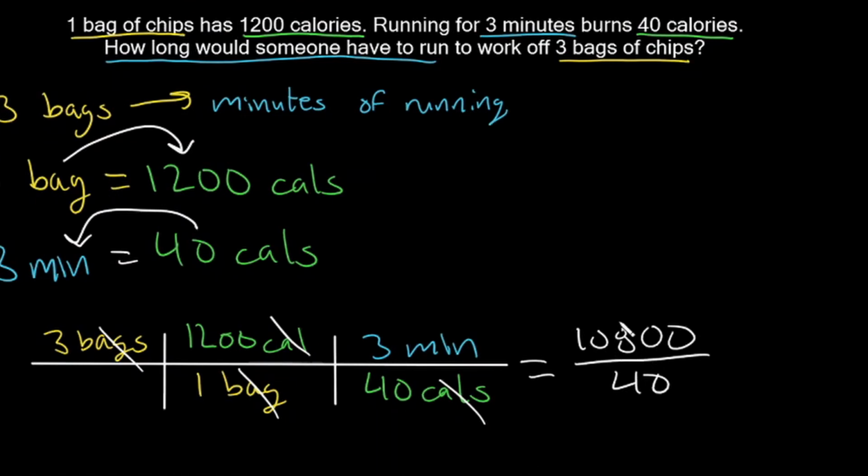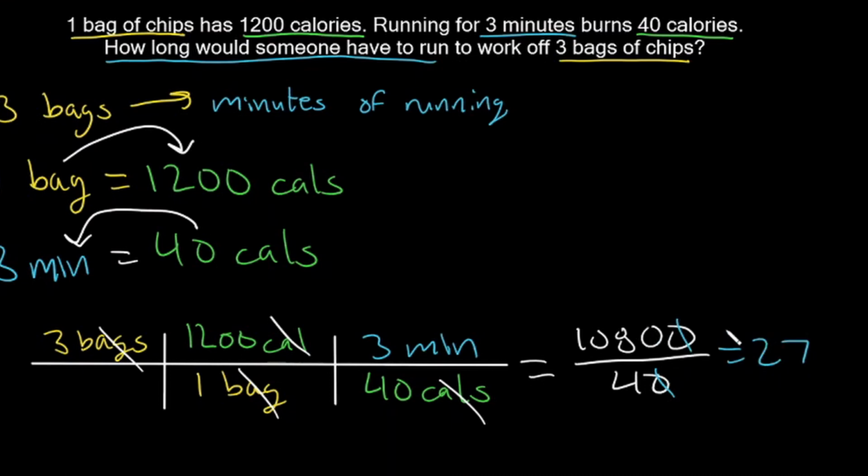So what is 10,800 divided by 40? Well, we can get rid of a 0 here, and then we have 108 divided by 4. Well, 100 divided by 4, we know that's going to be 25, and then 8 divided by 4 is going to be 2. So 25 plus 2, that's going to be 27.